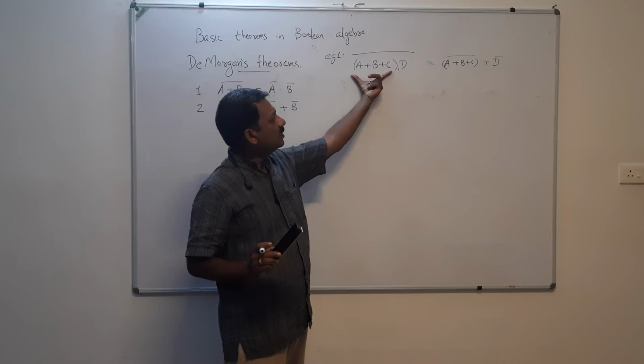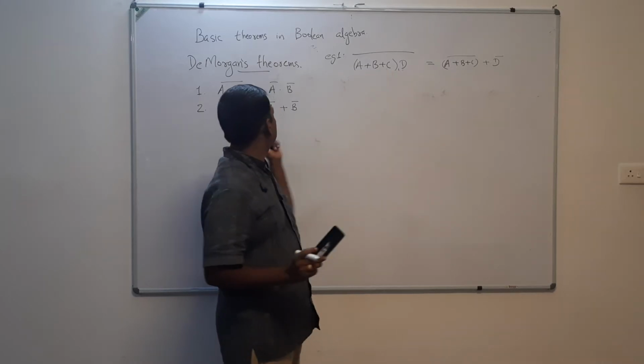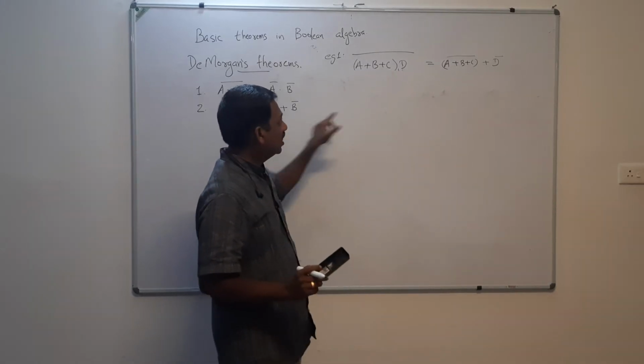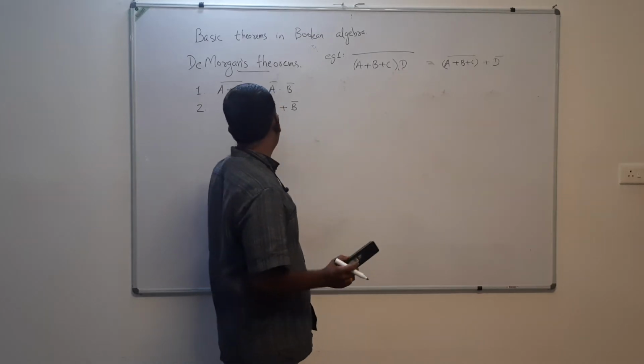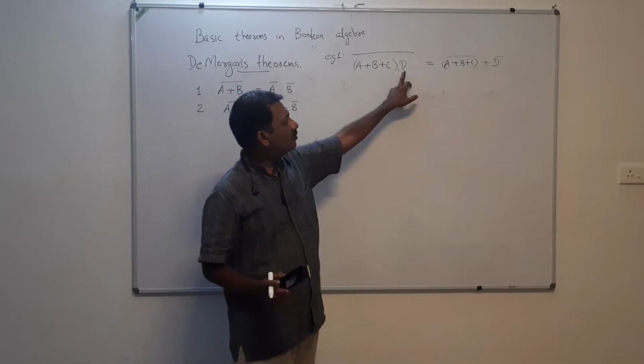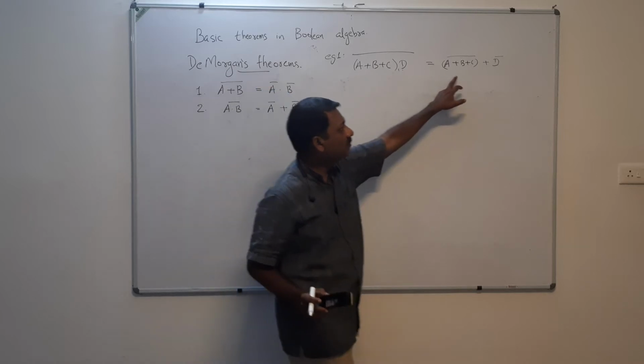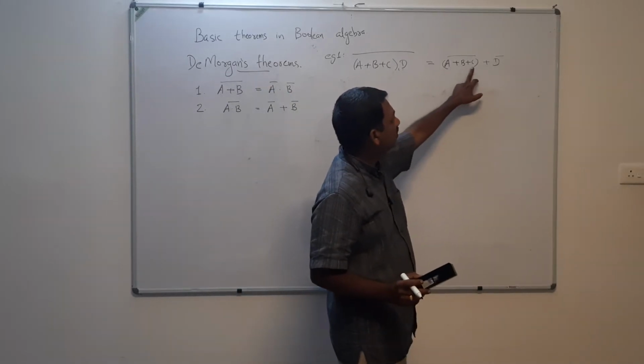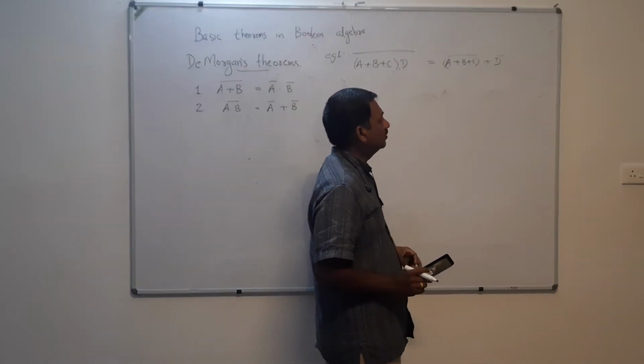This A plus B plus C, you treat as A as far as this equation is concerned, and treat this D as B. That is A dot B the whole bar is equal to A bar plus B bar, so A bar is A plus B plus C the whole bar plus D bar.